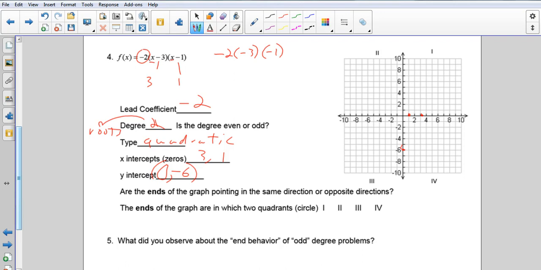This is a parabola, so we can use our graphing calculator. We can also find the vertex. Remember, opposite b over 2a. Negative 1, 0, 1, 2, 3, 4, 5. Negative 16.